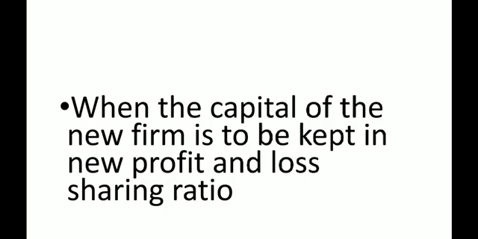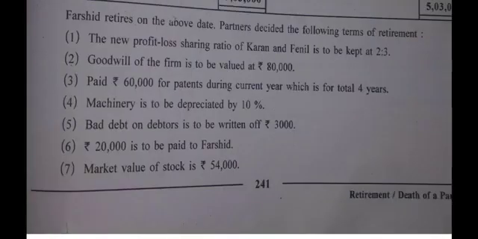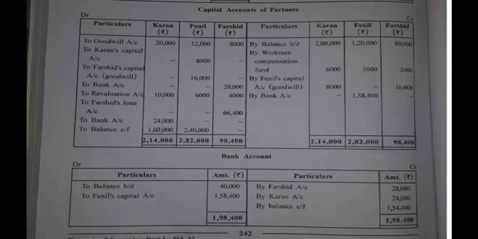Isn't it? That is what we do. Now, consider the same point when you total partners' capital accounts. What do you write? You write it as to balance carried down. You can see here. Or you can say to balance carried forward.